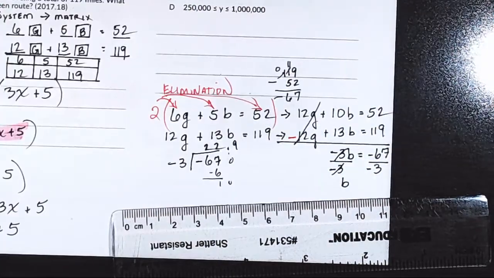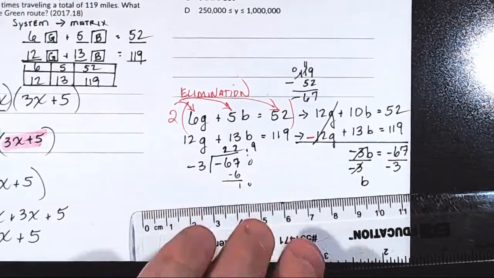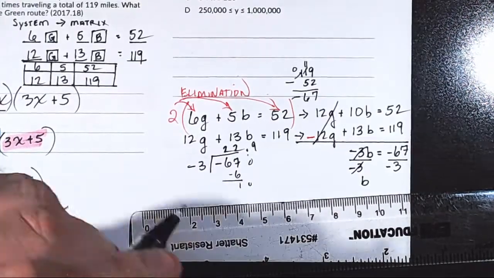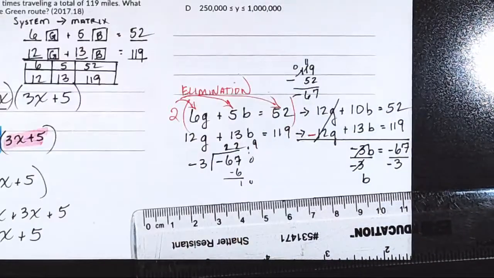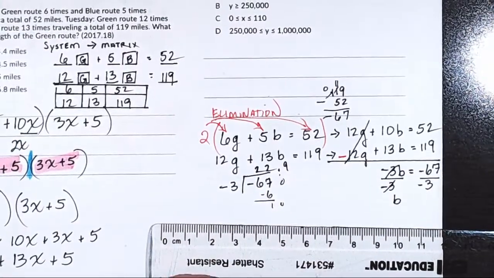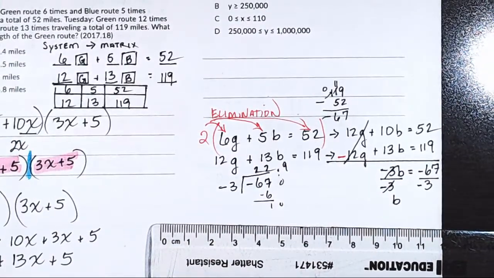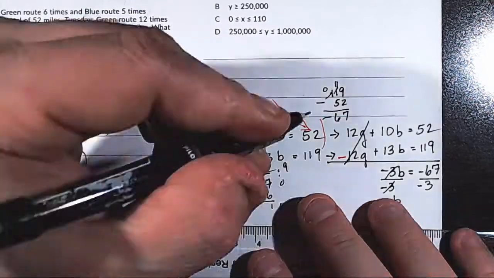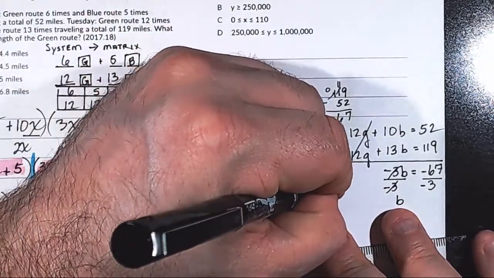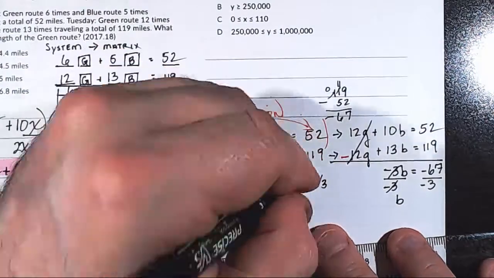It asks us for the length of the green route, but the blue route appears to be 22.9, and that would continue on for quite a while, 22.9333 repeating forever. So 67 divided by 3. Oh, sorry, I meant 3, 22 1/3, so it's 22 1/3 miles is the answer for B.